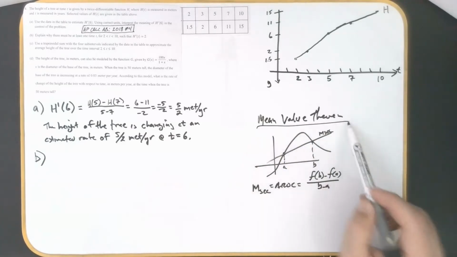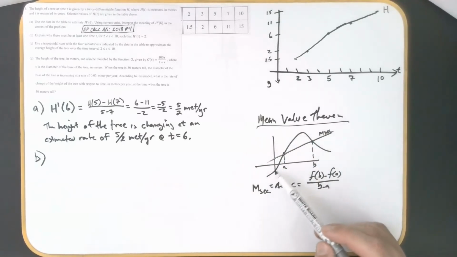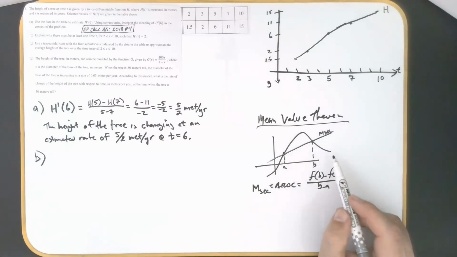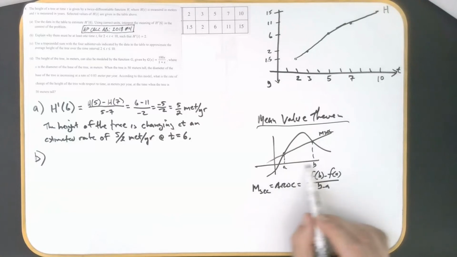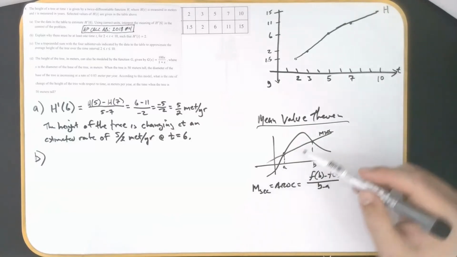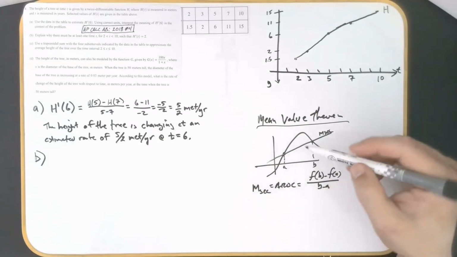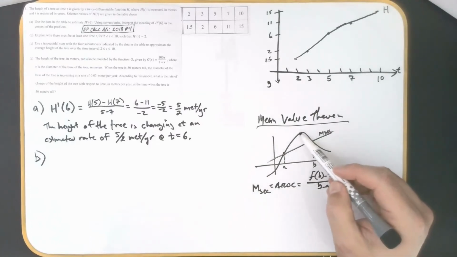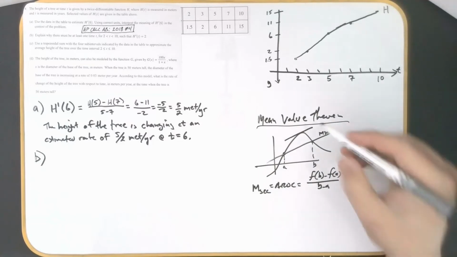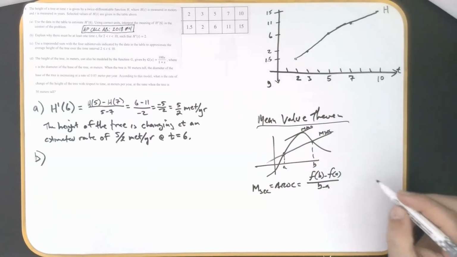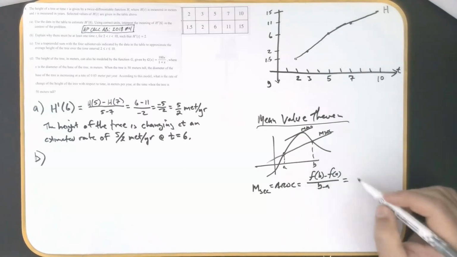The mean value theorem says that if a function is differentiable and continuous over the interval, then there is some place in this interval where the slope of the tangent, which is the derivative, which is the instantaneous rate of change, is equal to the slope of the secant. I'm just approximating, there would be the slope of my tangent right there.